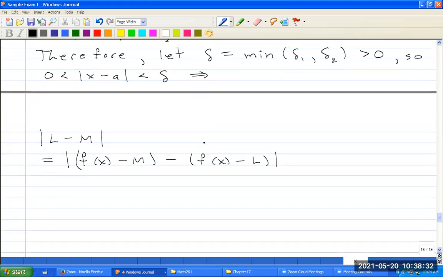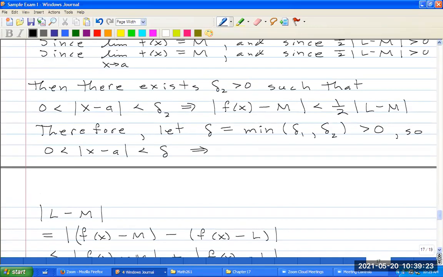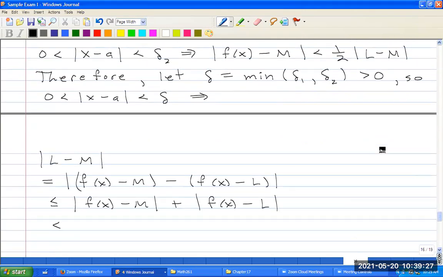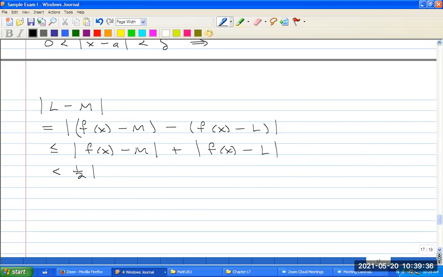Then I have that L minus M in absolute value is equal to the absolute value of f of x minus M minus f of x minus L. By the triangle inequality, this is less than or equal to the absolute value of f of x minus M plus the absolute value of f of x minus L. But since x minus a in absolute value is between 0 and delta, then it is between 0 and delta 2. And so we have that this first absolute value is less than 1/2 the absolute value of L minus M.